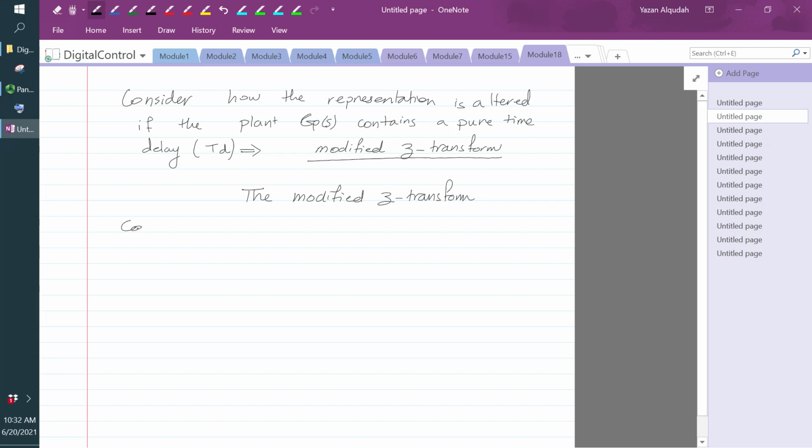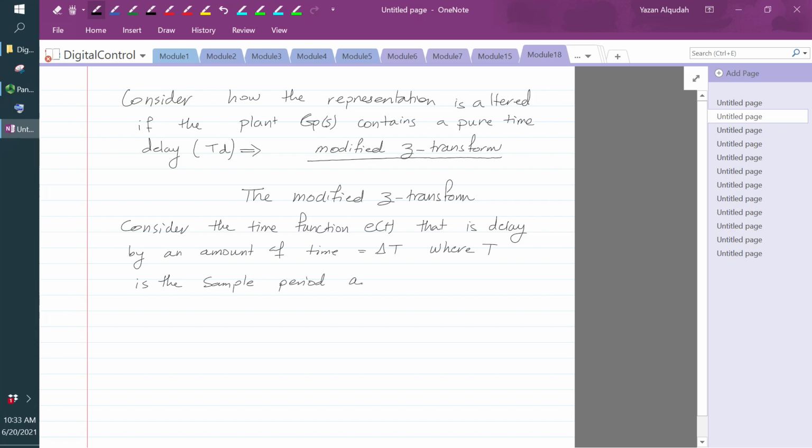So let's consider a signal or a time function e of t that is delayed by an amount of time equal to delta T, where T is the sample period and delta is a positive fraction.